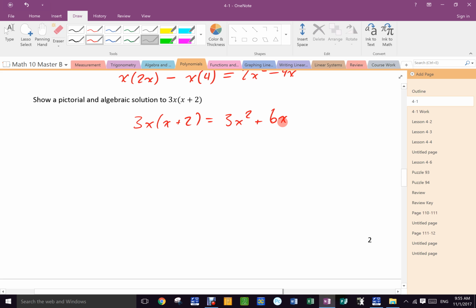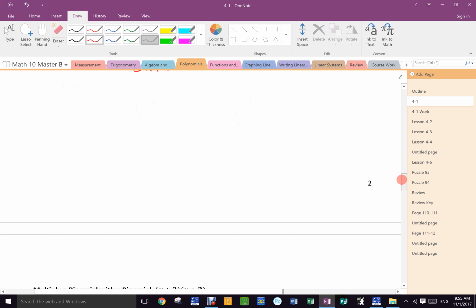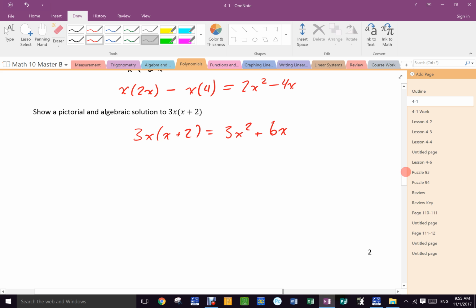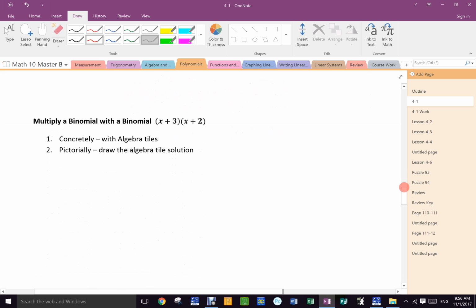Right? And it seems easy. And everybody should be able to do it, right? Because all you did is you took that term and you multiplied it by both of them. Right? What do I have here?